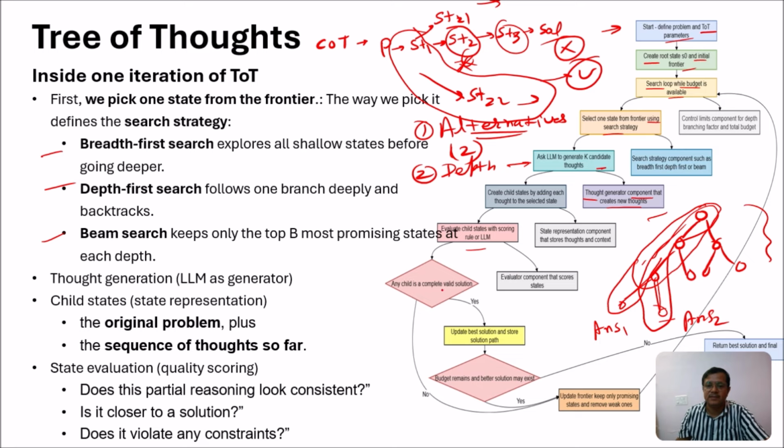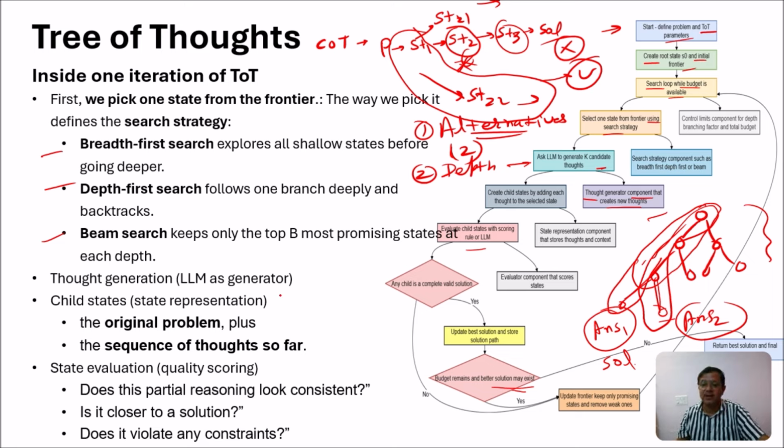And once it is done, we check if this is a complete valid solution. If it is yes, then we will take this best solution and store it in the solution path. And if our budget remains and better solutions exist, if there are no better solutions, then we can say that okay, this is our final solution.